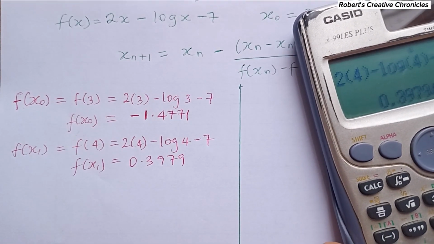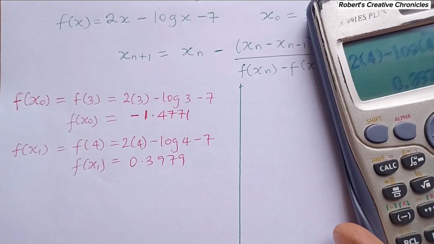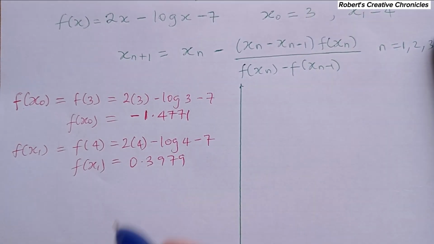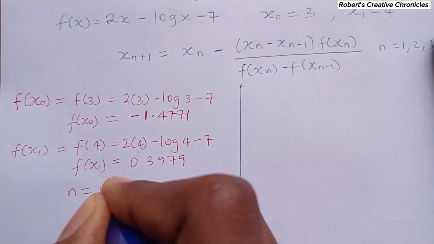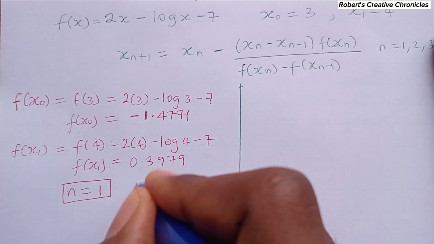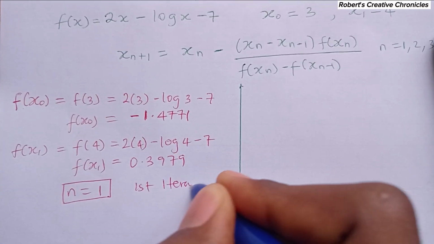So now we'll start the first iteration. We'll say n is equal to 1. This is the first iteration.